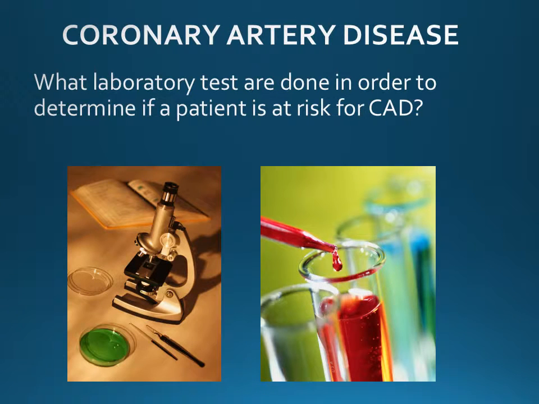The main labs done to predict cardiovascular health or disease include the lipid panel of cholesterol, triglyceride, HDL, and LDL. However, newer and more predictive labs include the HS, or highly sensitive CRP. This test is different from the regular CRP test, which detects elevated levels of CRP in people with low-grade infections and inflammatory processes.